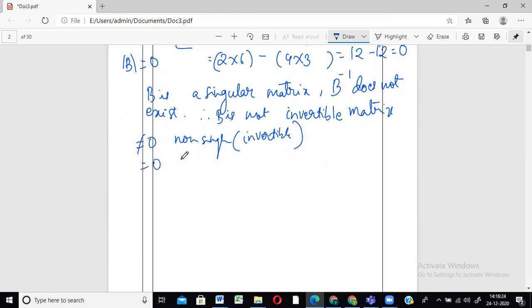And if it's equal to 0, then it's singular, and then it's not invertible. People always get confused, so you can just remember it like this. Even if you remember one, the other you can easily remember, right? Okay.